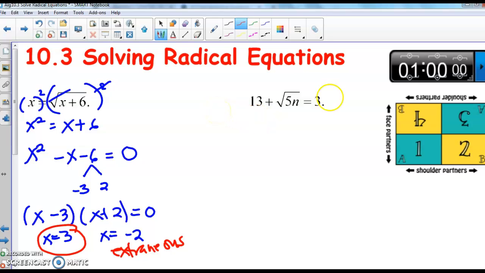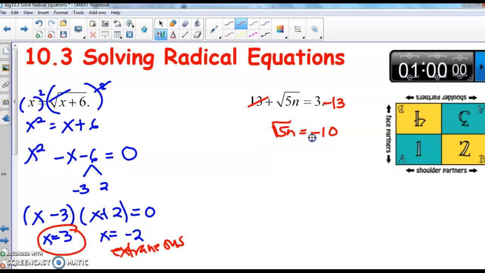So you have to move the 13 over. Take away 13 here, so that's negative 10. Okay. Well, at that point, you can kind of say, oh, if I get the square root of something, it would be negative.